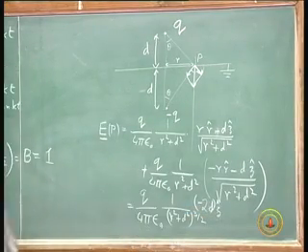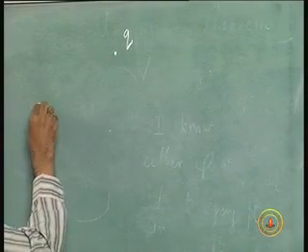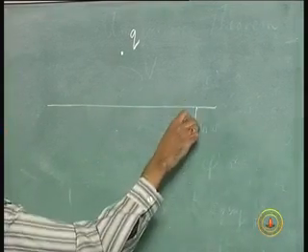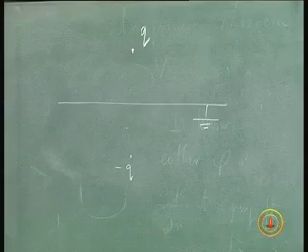Now, what does that mean? If the electric field is in the minus z hat direction, we can conclude something immediately. We have a point charge q, we had the ground plane, and we had our image charge minus q.